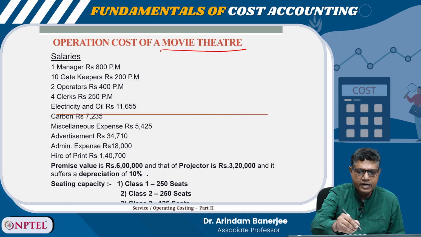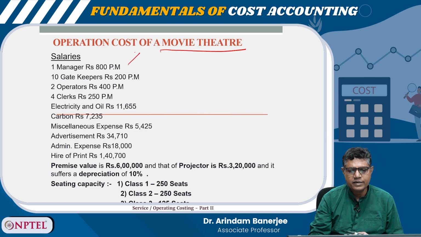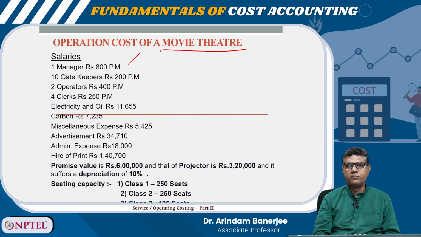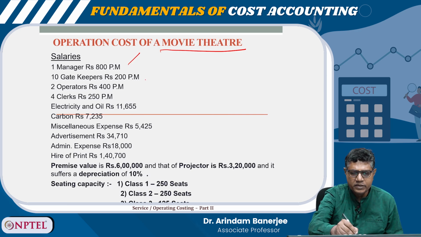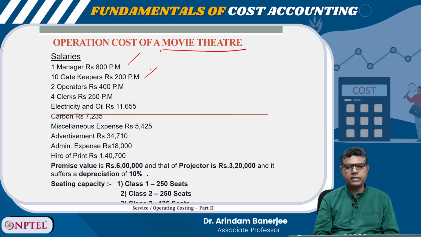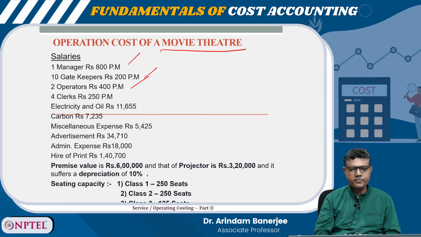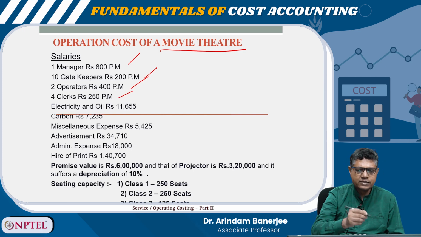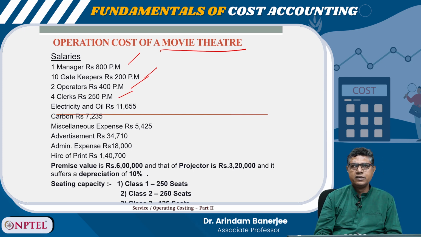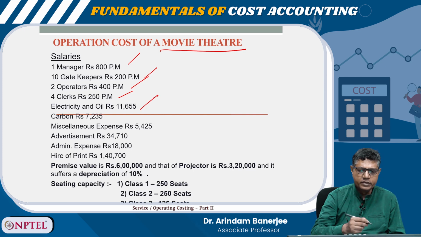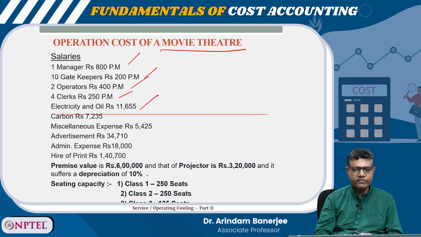So, here is one manager, right, who takes 800 rupees per month. There are 10 gatekeepers who take 200 rupees per month, 2 operators who take 400 rupees per month, 4 clerks who take 250 rupees per month. Electricity and oil is rupees 11,655.